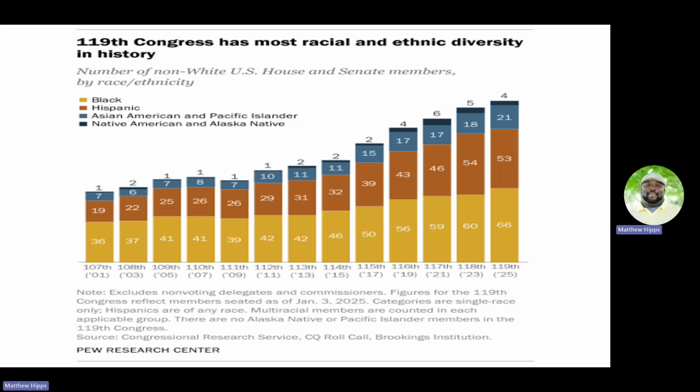So if you do quick math, that's about 150-ish members of Congress that are people of color. There are 535 members of Congress total. So you're still talking about 20% of Congress being minorities, when the country is probably closer to 40 to 45% minority folks.